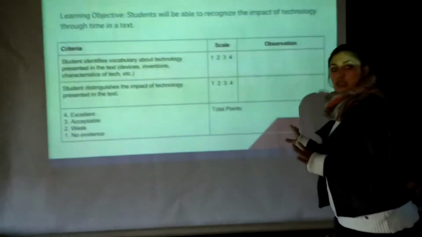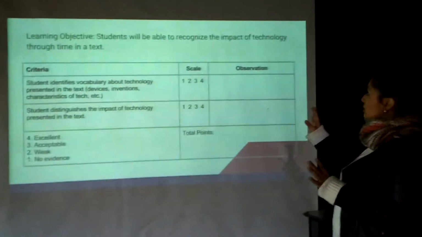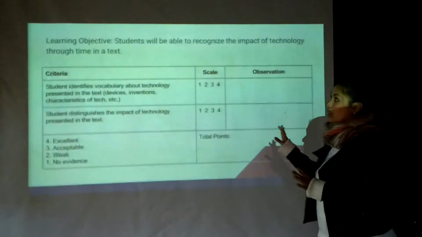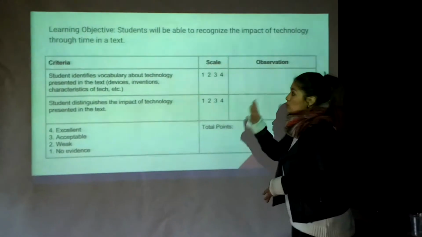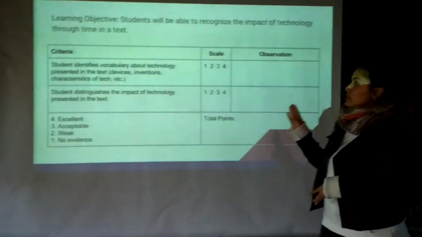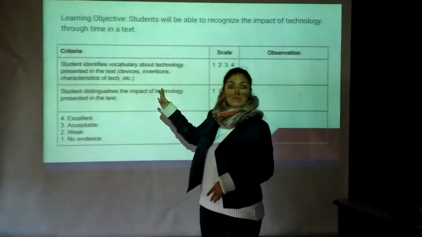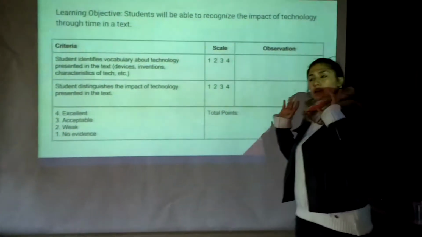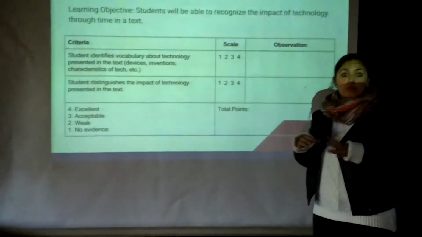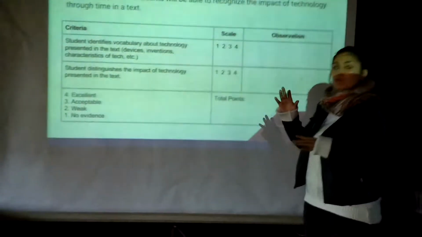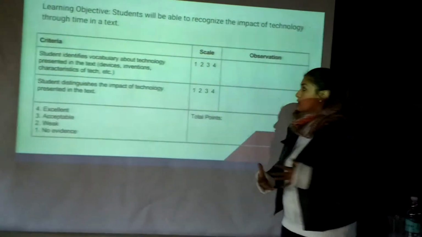Well, this is our rubric. The objective is students will be able to recognize the impact of technology through time in a text. So the first criterion: student identifies vocabulary about technology presented in the text. We use the word identify because when students read or listen, in this case listen to the video or the recording, they have to identify vocabulary related to the unit, in this case, of course, technology.